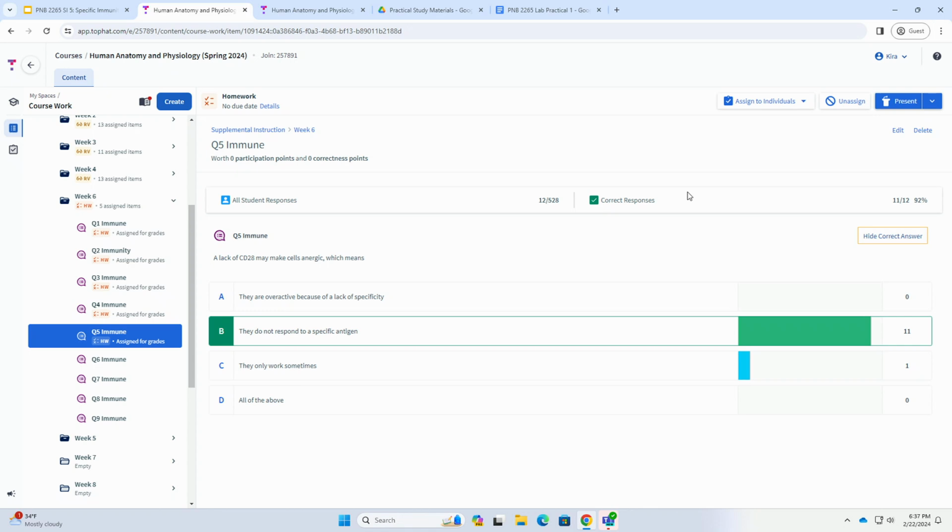So anergic means that the body will not be able to respond to a specific antigen because a lack of CD28 on a specific T cell may prevent it from recognizing a specific antigen on a pathogen.